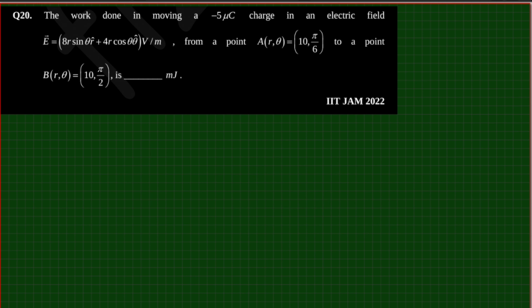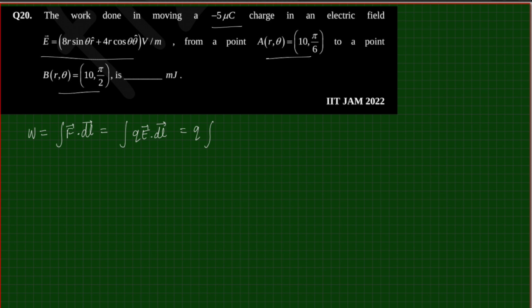So D is correct. Okay, coming to the next question, in this question a charge is given and an electric field is given. This charge in this electric field is moving from this point to this point, and the work done is asked. So work done is given by the integration of F dot dl, and F is given by qE, so q E dot dl, and q is taken outside.